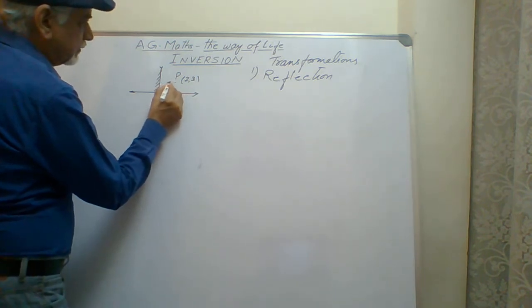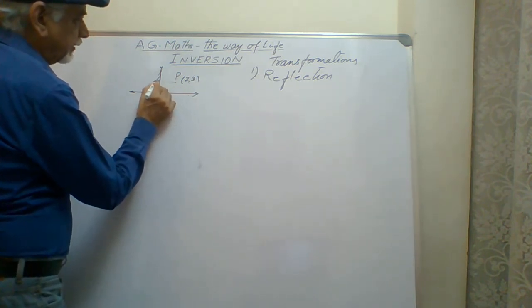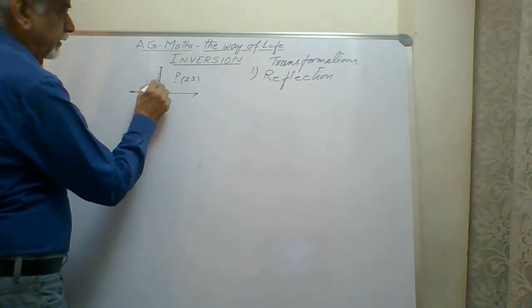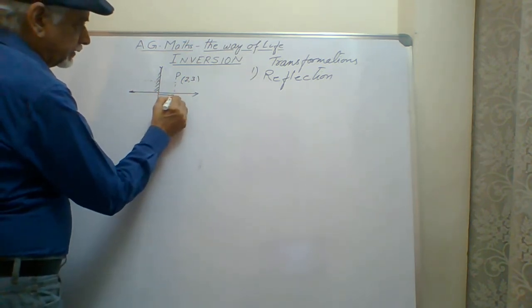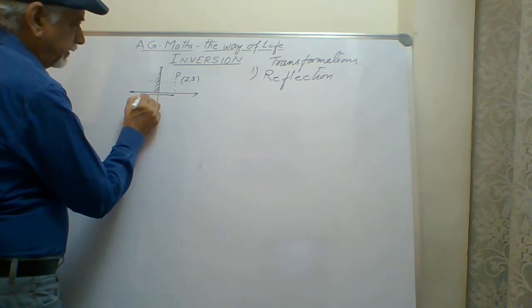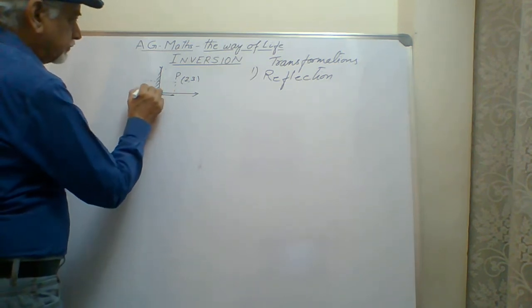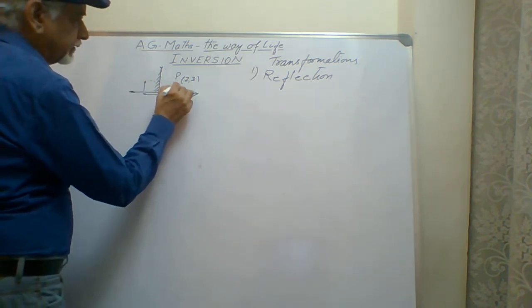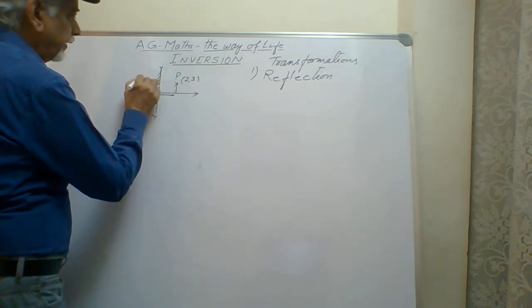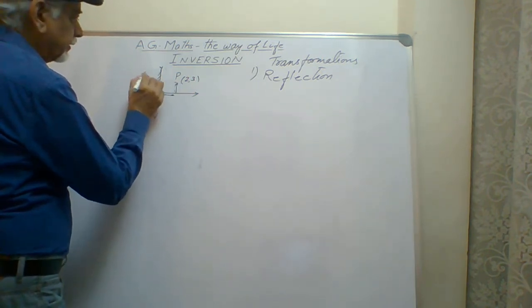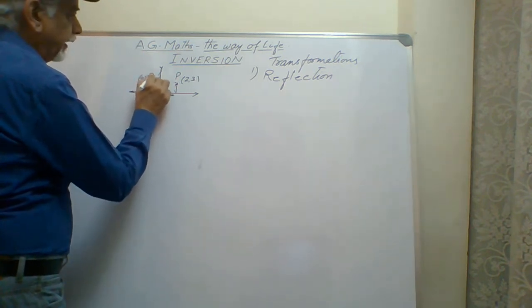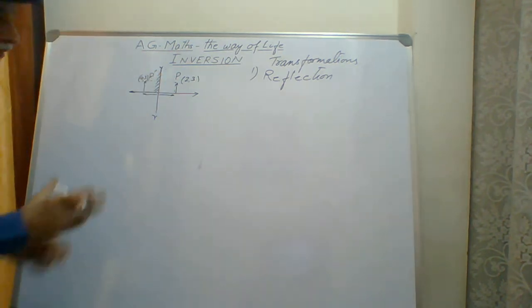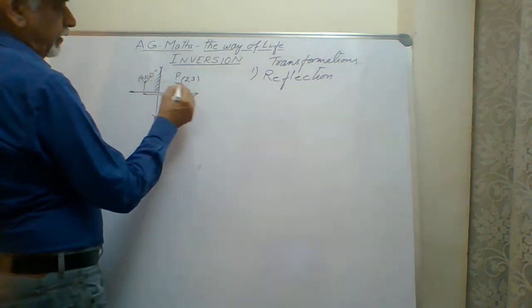It will just travel like this and cross it in the second quadrant to this point, at equal distance from here. The same distance will be covered this side, and the vertical height will also be the same as it is here. So we get another point, (-2, 3), and the point name is P dash. This is how transformation in reflection takes place.